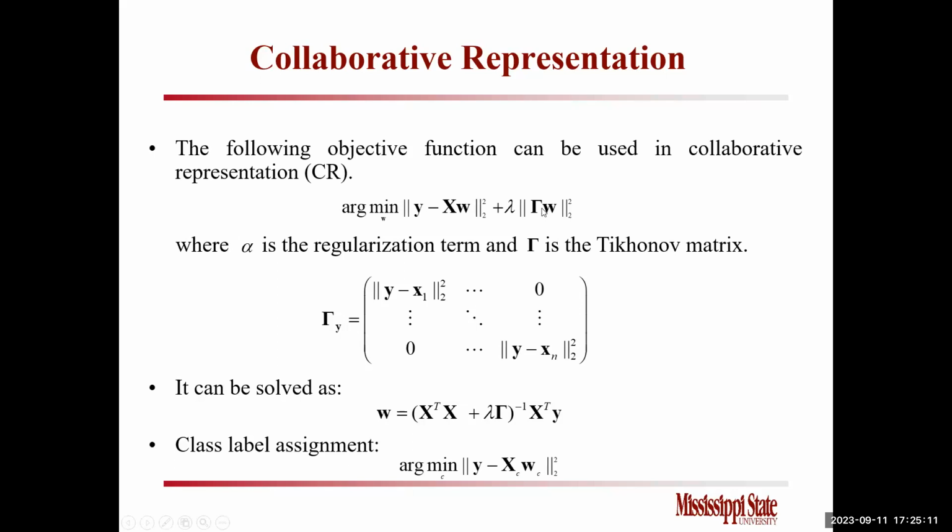And then here we introduce, this is supposed to be lambda, this constraint matrix called the Tikhonov matrix. You can see Y and each of the training samples, that's the Euclidean distance. If Y is very similar to that training sample, this distance is very small.